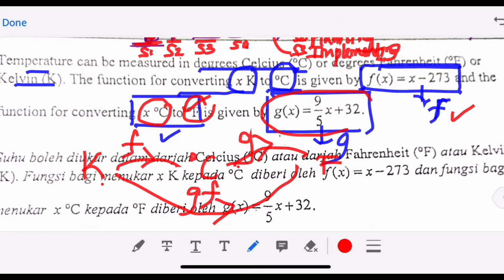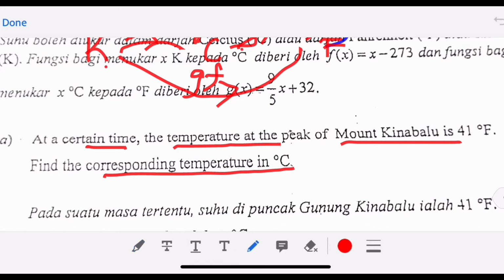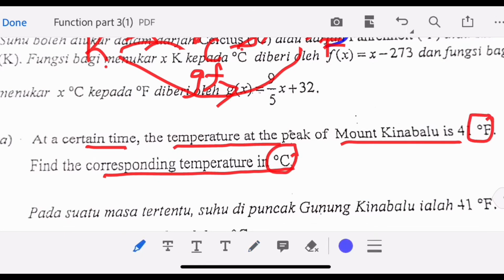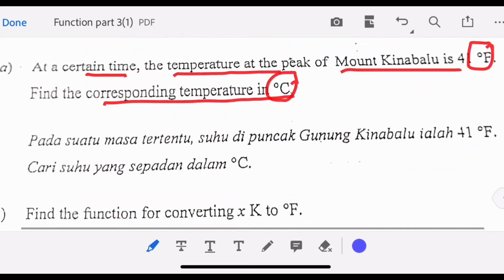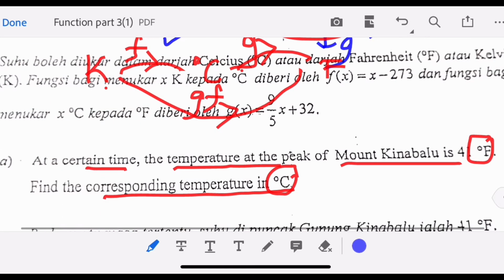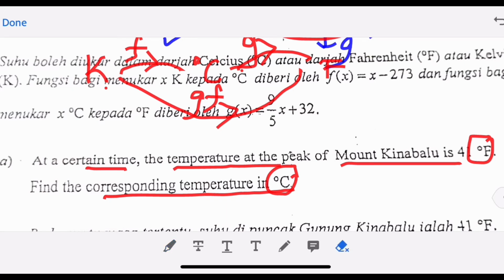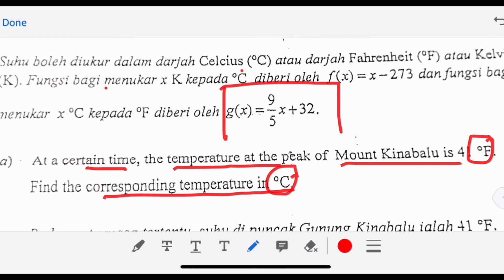So we use this one. So when you see Celsius to Fahrenheit, because the question mentioned Fahrenheit and Celsius, of course I will choose this function, right? This is something to do with Celsius and Fahrenheit. So let's copy down, okay, this is the conversion from Celsius to Fahrenheit.